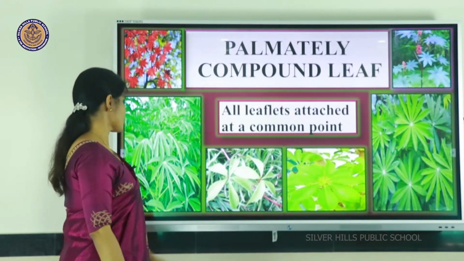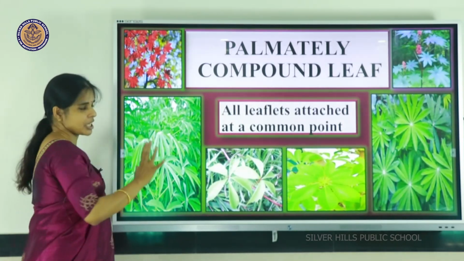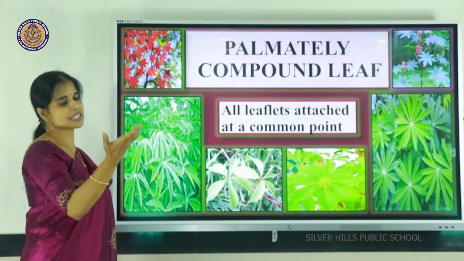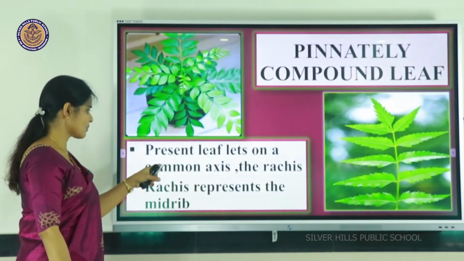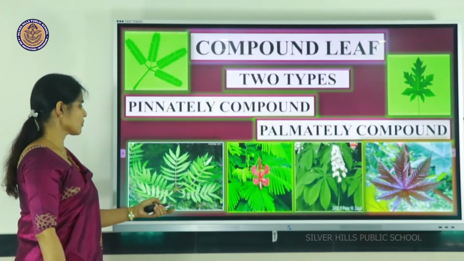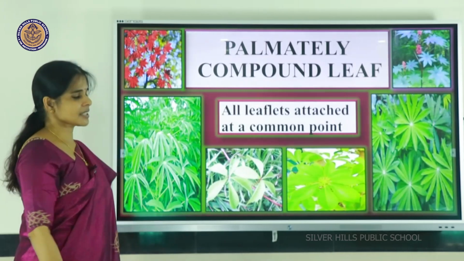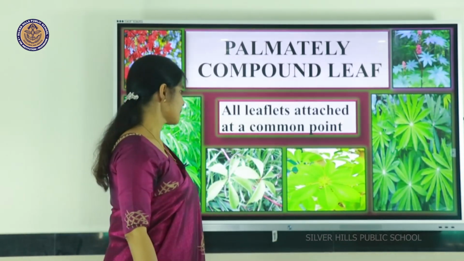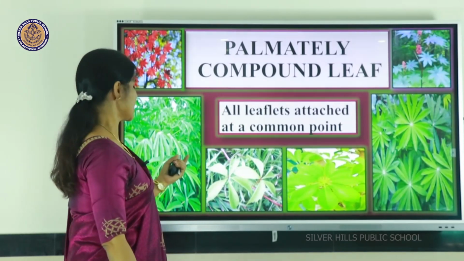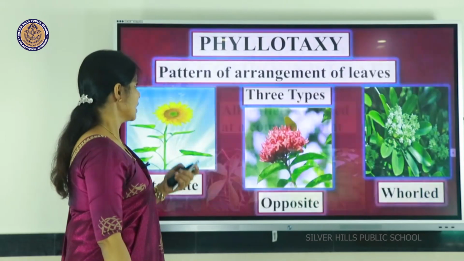Such an arrangement is known as a palmately compound leaf. It has a palm shape, with 5 fingers or sometimes 6, and all the leaflets come to a common point. Examples are tapioca, papaya, ricinus, and maple leaf.